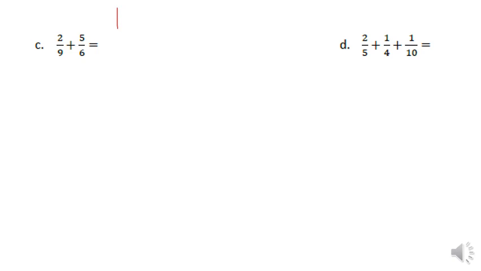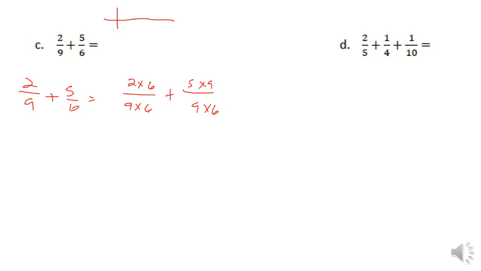If I do the tree up here, because if I just did the same way we did the last one, we'd have 2/9 plus 5/6, and when we rewrote our fraction, we'd have 9 times 6 and 9 times 6 over 2 times 6 and 5 times 9, and we'd be adding the 2, which in this case we'd end up with 12/54ths plus 45/54ths, which is going to give us 57/54ths.